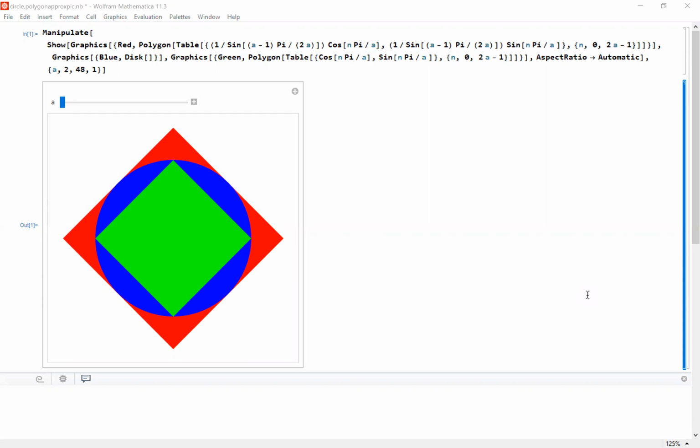What you're looking at here is a circle and a couple of squares. Back in ancient Greece, mathematicians like Archimedes and his contemporaries were trying to figure out how to find the area of a circle with a formula.